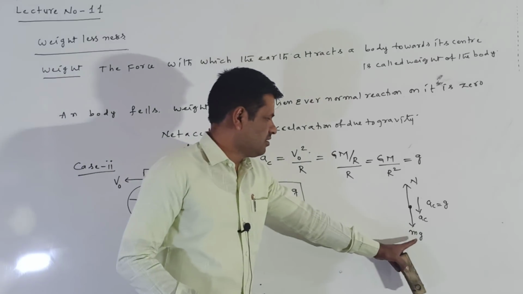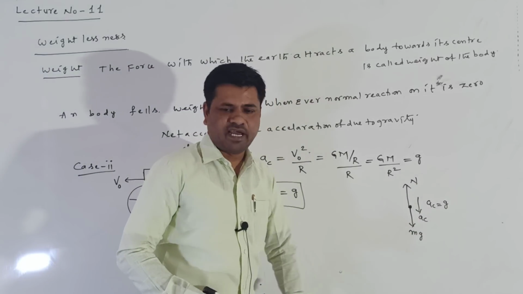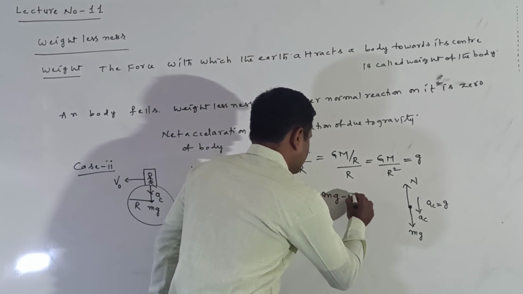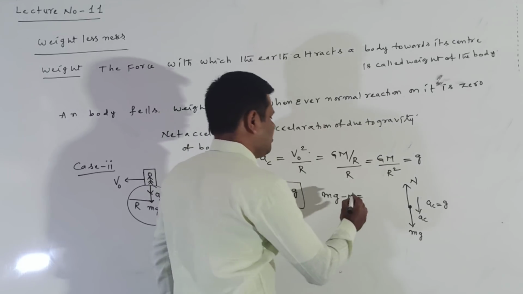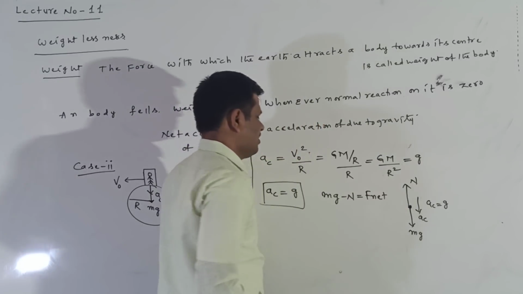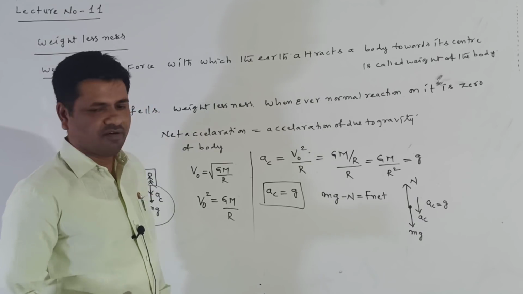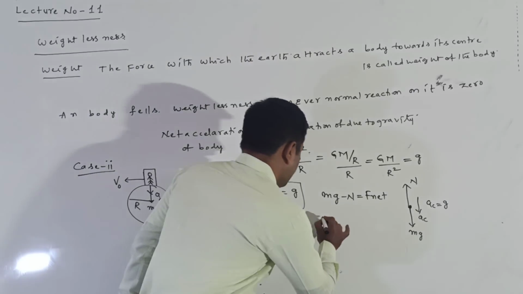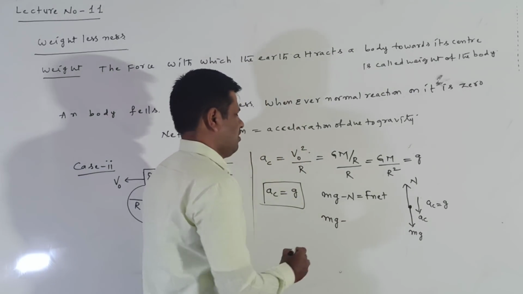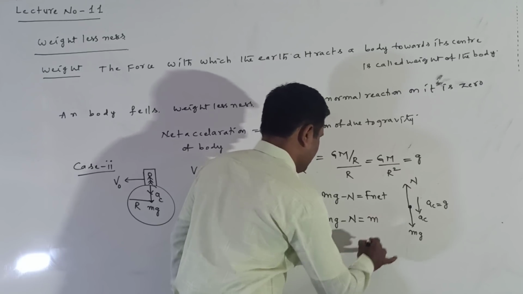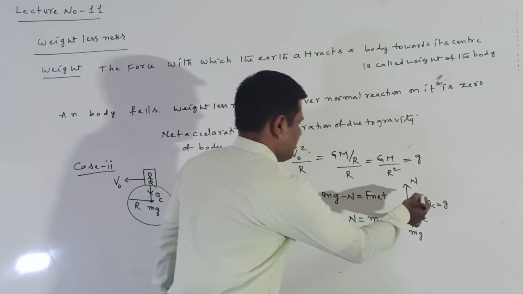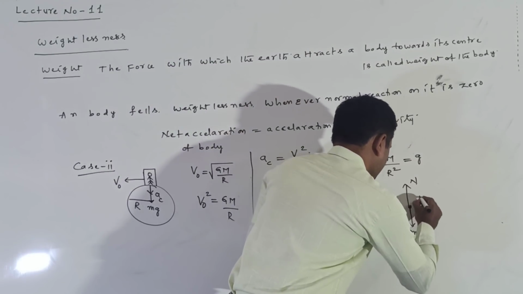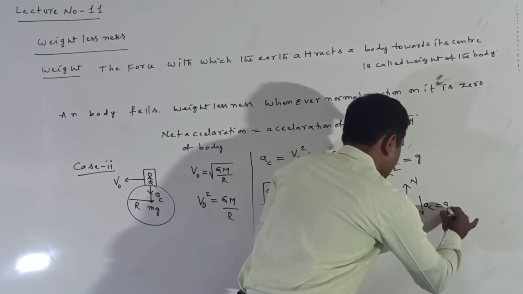We know that mg is more than N, because acceleration is acting in the downward direction. So the net force is mass into acceleration. F net is equal to mg minus N, since mg is more than N. So mg minus N is equal to F net, equal to m into AC, the acceleration acting in the downward direction, and AC is equal to g.